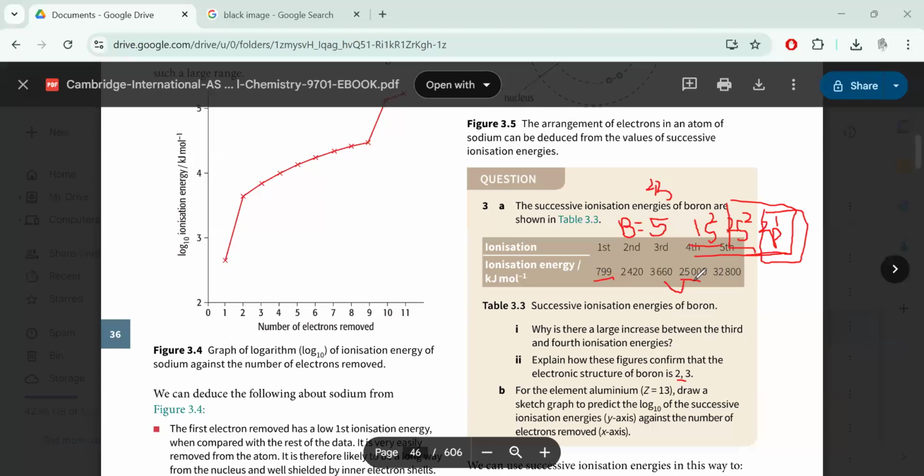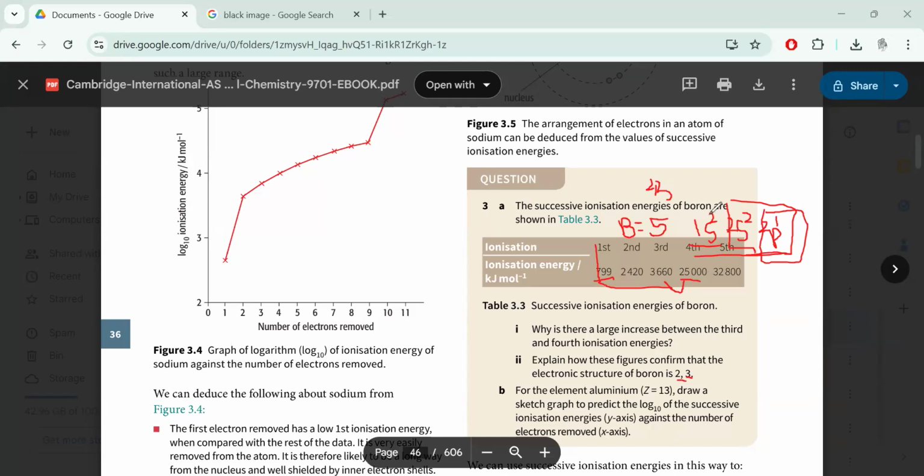Take note that we have 1, 2 shells, and every time a new shell is being removed, there will be a large increase between the ionization energies. For example, the first three ionization energies that boron goes through don't have a significant difference among the three. So that's why we can confirm it is indeed 2,3.